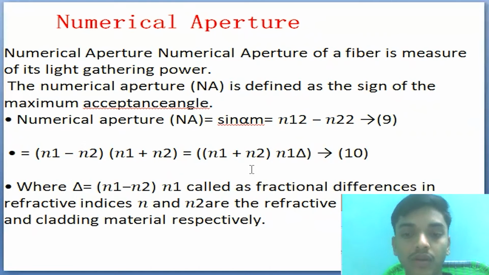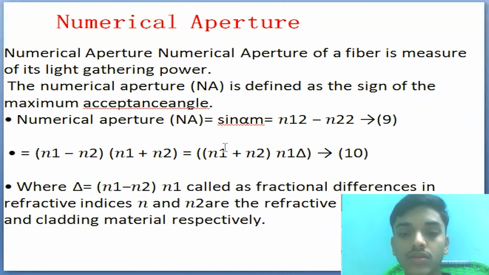Now it is used for problems where the fractional difference is given. Here, n1 is the refractive index of the core and n2 is the refractive index of the cladding.